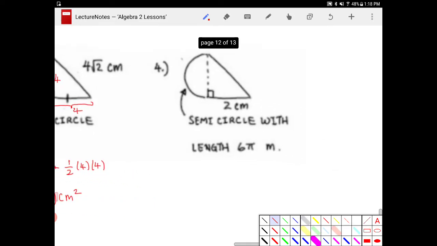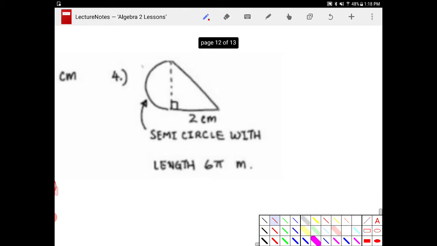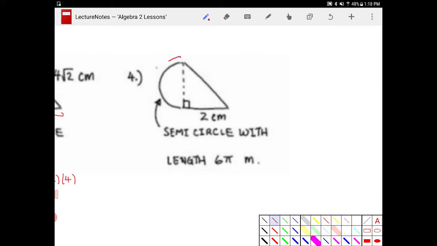Moving on. It says here that the semicircle has a length of 6 pi meters. So that means this arc here has an arc length of 6 pi.